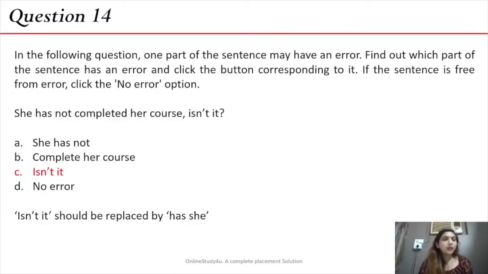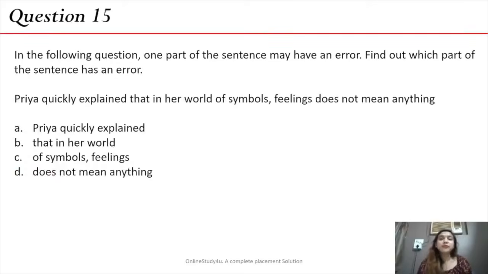Okay. With that, I'll move to question number 15. Priya quickly explained that in her world of symbols, feelings does not mean anything. Okay. Something that I think all of us will relate with. Priya quickly explained that in her world of symbols, feelings does not mean anything. Where do you think is the error?